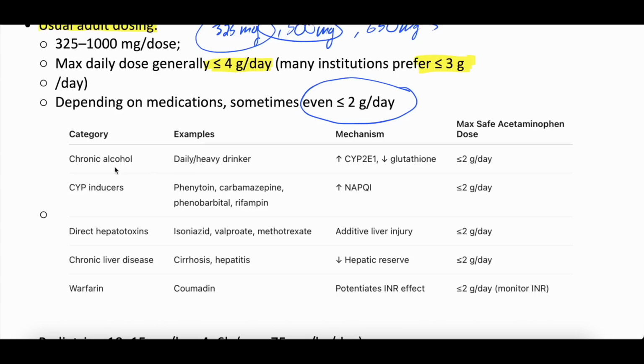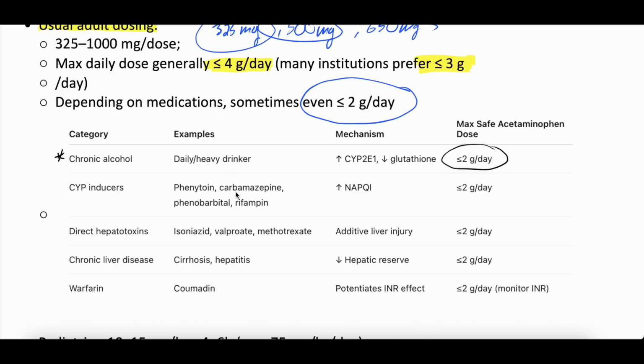That would be folks like chronic alcoholics, because they have some degree of underlying liver injury already. If folks are daily drinkers or heavy drinkers, you have some derangement in your ability to metabolize acetaminophen safely, so the recommendation is to take less than 2 grams total per day.